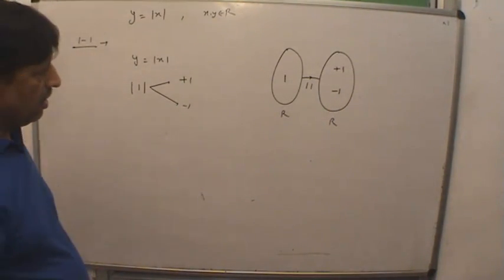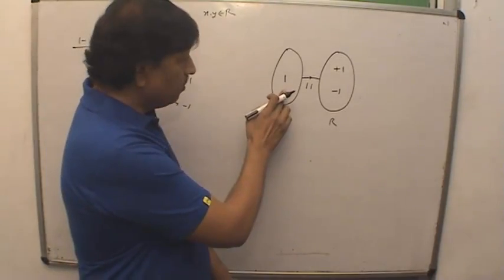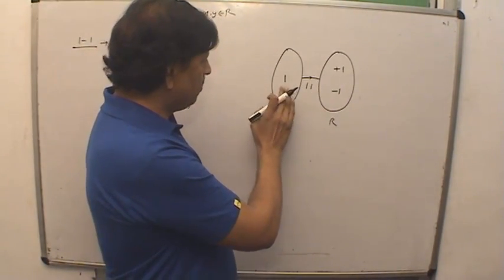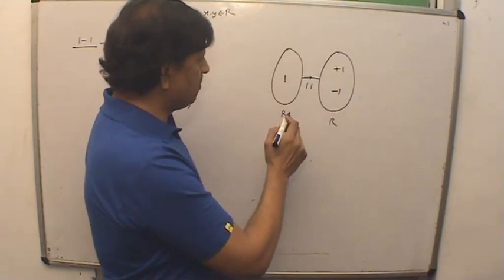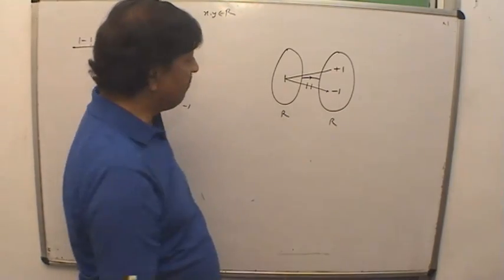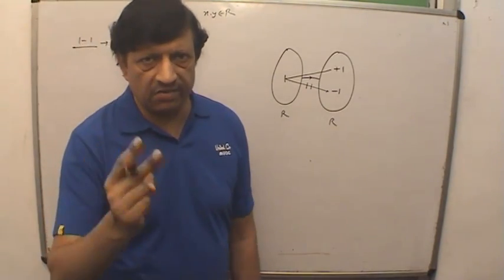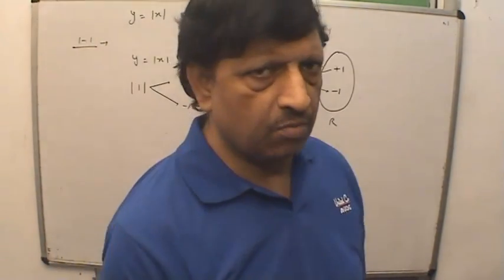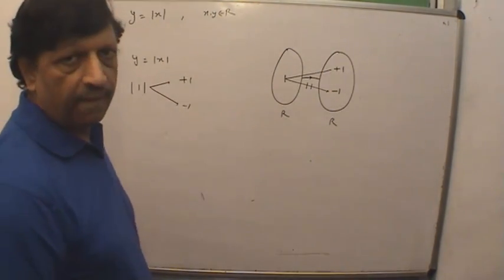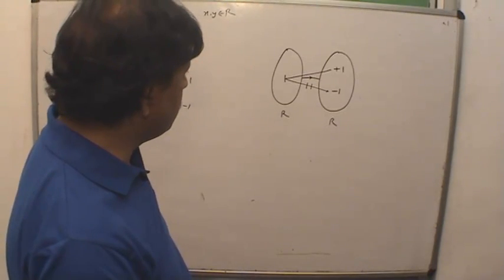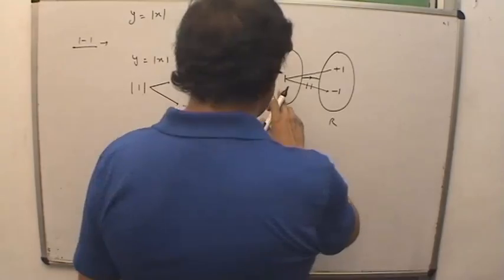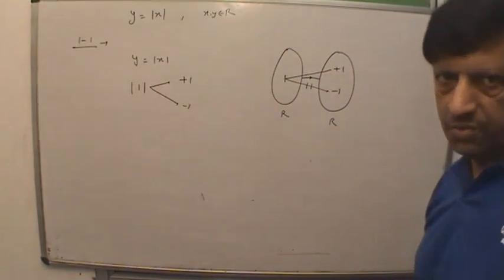Similarly 2 has 2 images, plus 2 and minus 2, 3 has plus 3 and minus 3. It means every member has more than one image, so we can't say it is one-one. It is not one-one correspondence because 1 has more than one image.